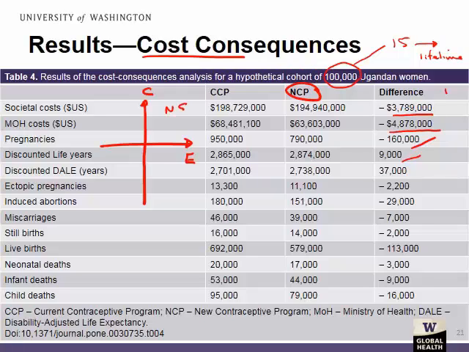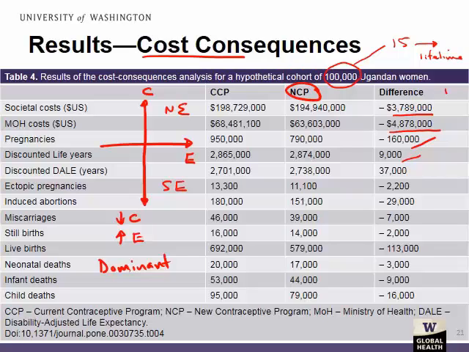It's in the southeast quadrant, because it reduces cost and increases effectiveness. This is a kind of intervention that we call a dominant intervention. And as a policymaker, there's no question that you should recommend or implement this intervention.